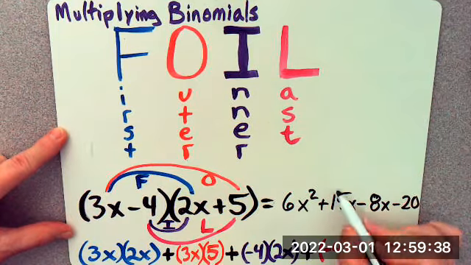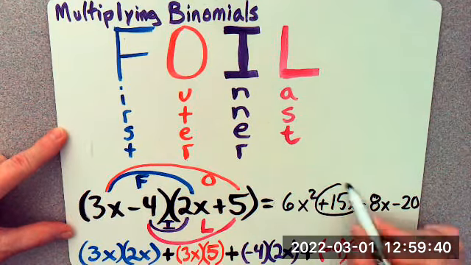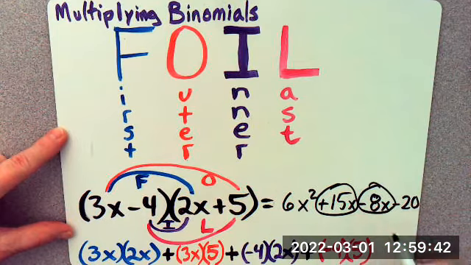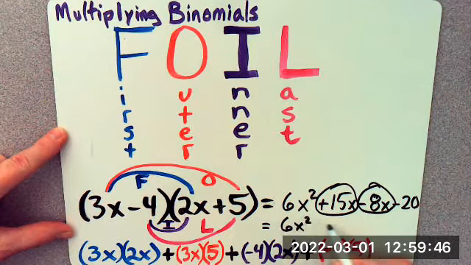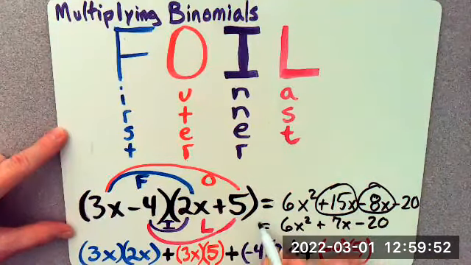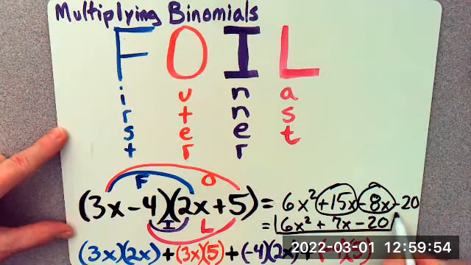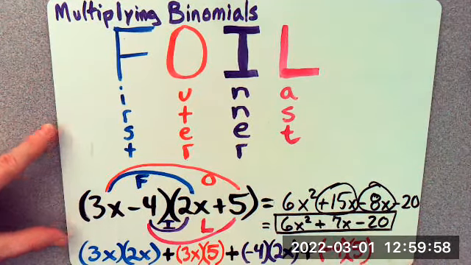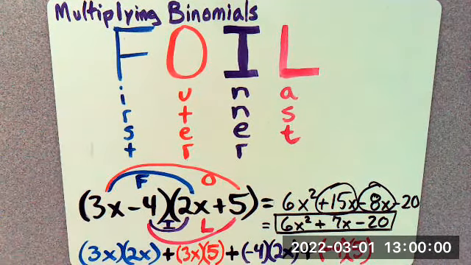So we have two like terms right here and right here that we can combine. So we have 6x squared plus 7x minus 20 as our final answer. So that's how we'd use FOIL.